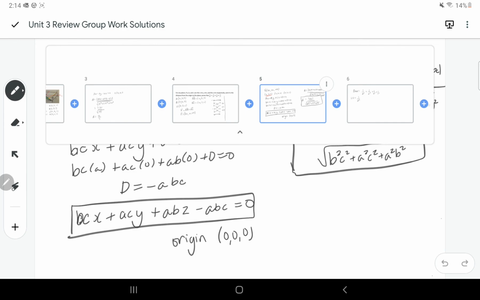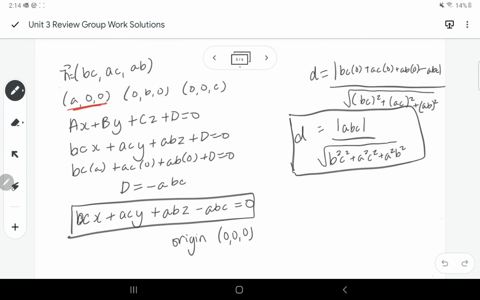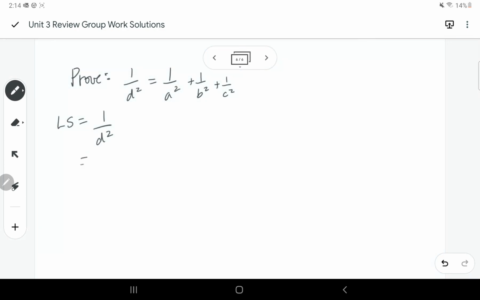So I'm going to sub that in: this is 1 over the absolute value of A times B times C over the square root of B squared C squared plus A squared C squared plus A squared B squared. And this is squared because it's not asking me for D, it's asking me for D squared.